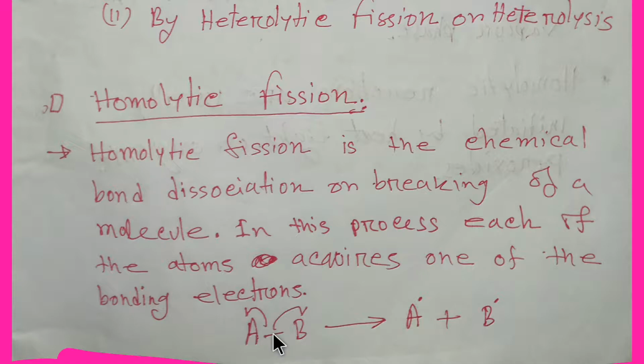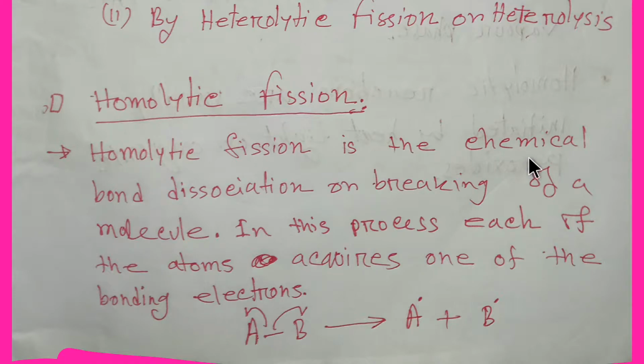In homolytic fission, both atoms will take an equal amount of electrons. So this atom will take one and this atom will take one. So these are neutral species, and these species are called free radicals.